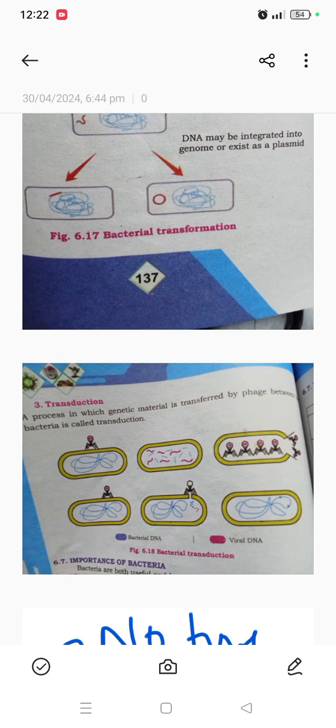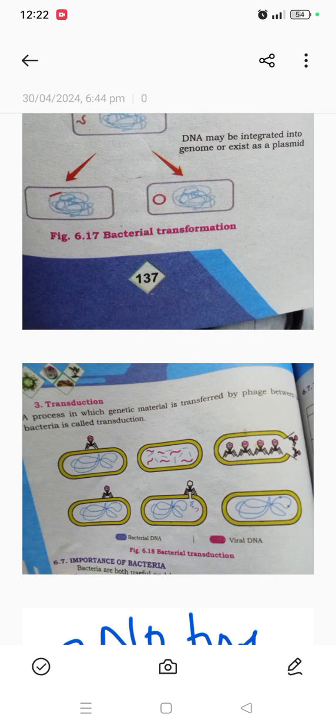In the first picture, viral DNA is going to be inserted. In the second picture, you can see they both get separated. In the third picture, you can see four other genomes are found, and a few are exiting or coming. These all have both viral DNA and bacterial DNA. The fourth picture is just the same.